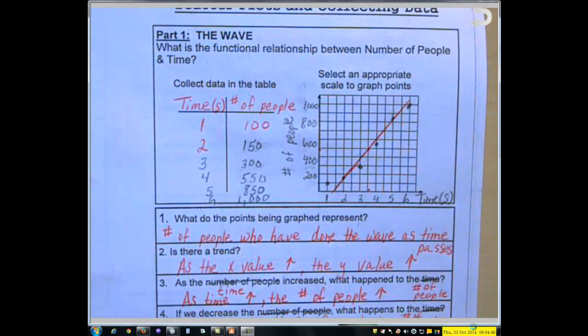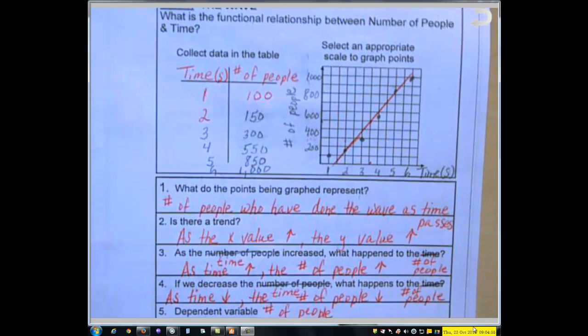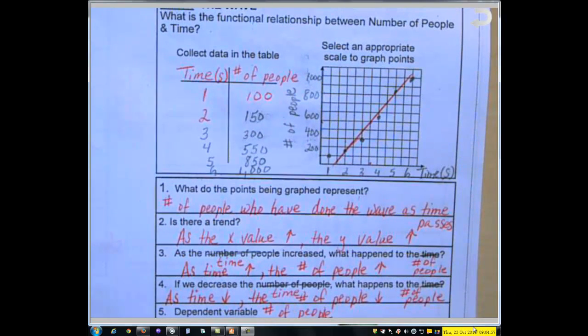So now that you've plotted your points on the graph, let's talk a little bit about the graph. What do you think the points on the graph represent? Well, we can see from the table that what we're doing is looking at the number of people who have done the wave as time passes.